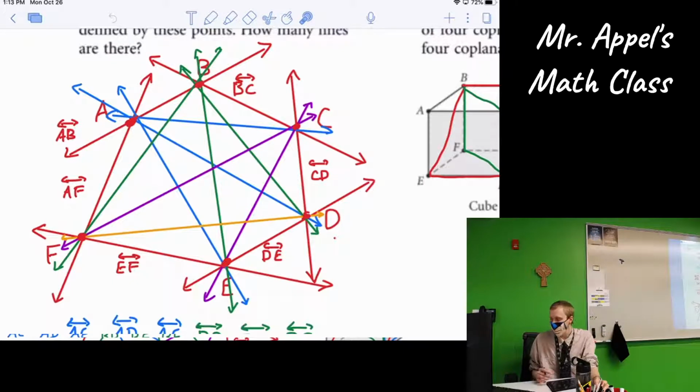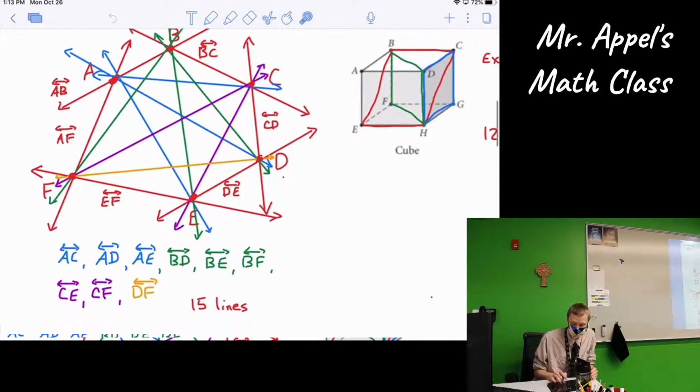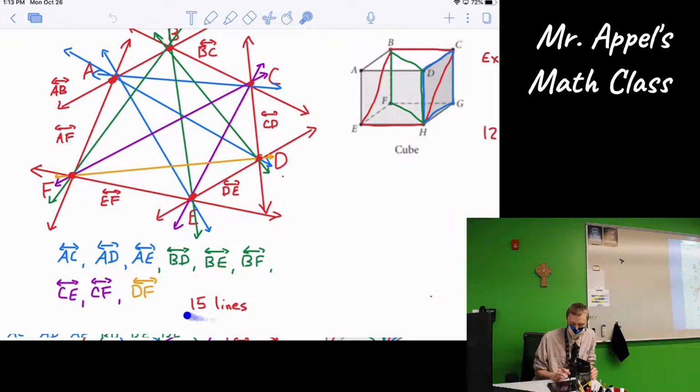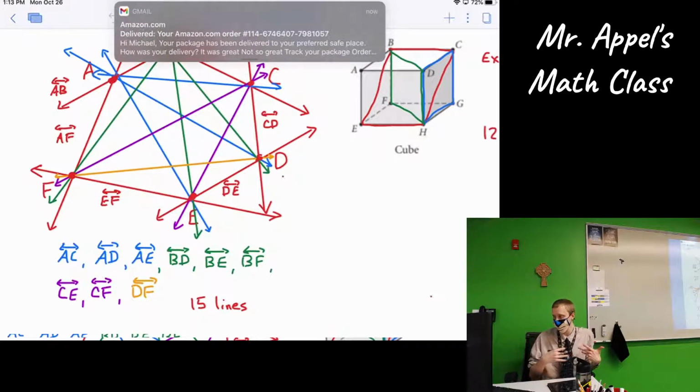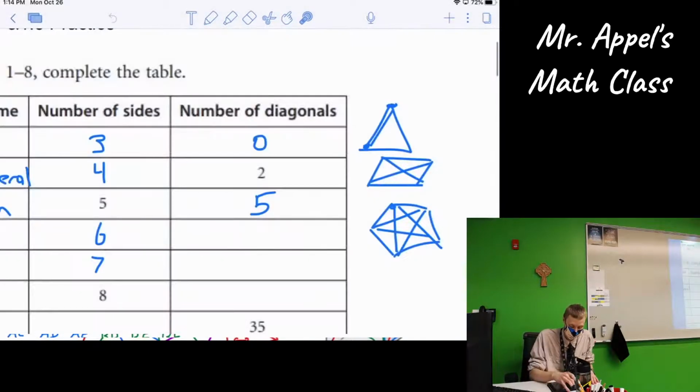How many diagonals are there now? How many lines were there total? And 6 of them are sides, right? So we can subtract off those 6 for a number of diagonals. Should be 9, right? Okay, so 9 goes here.